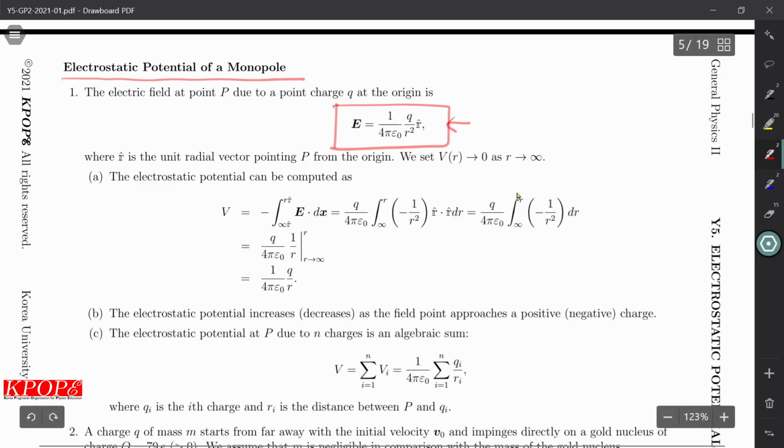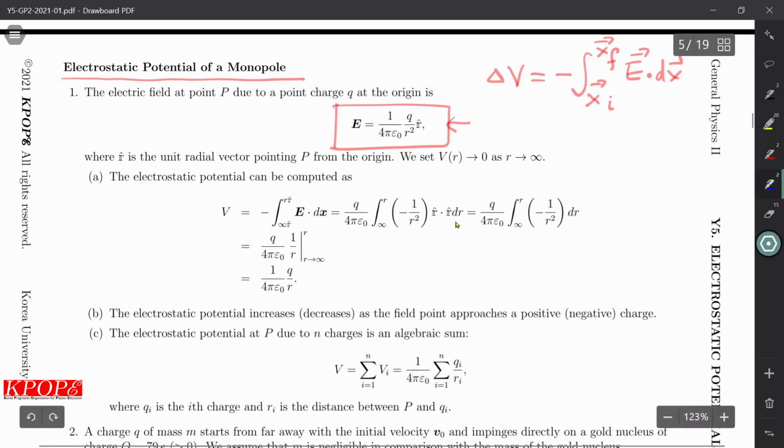We would like to compute the electrostatic potential directly from the electric field using the definition delta V equals minus the integral from x initial to x final of the electric field dot dx.